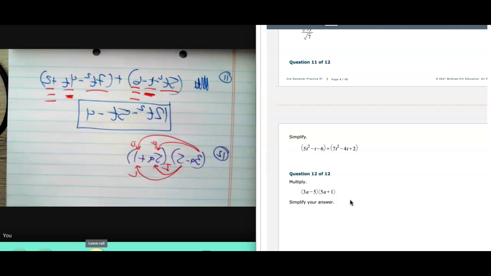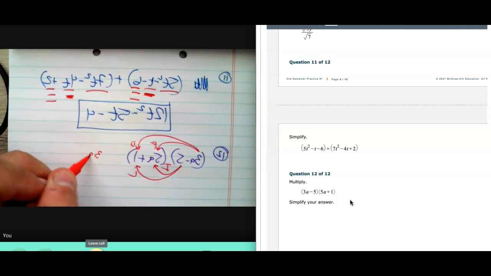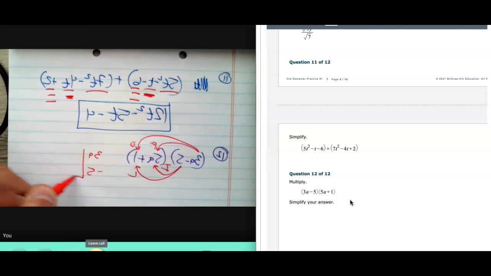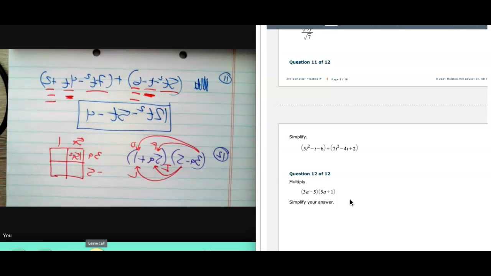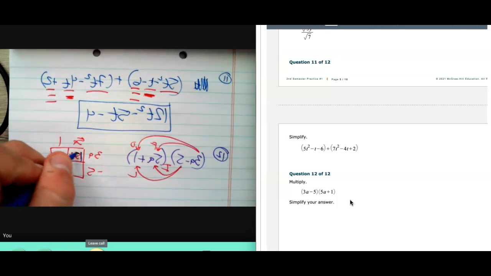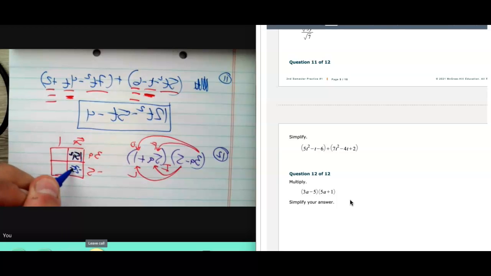You could use FOIL, or you could use a box to multiply 3a minus 5 times 5a plus 1. So whether you use FOIL or a box, you're still going to multiply 3a times 5a, that's 15a squared, and you're still going to multiply 5a times negative 5, that's minus 25a, right?